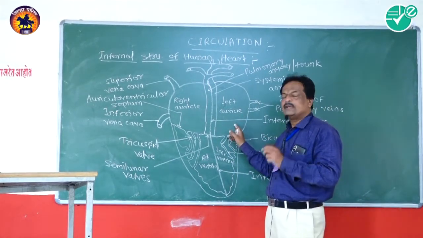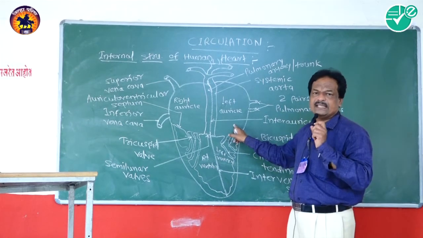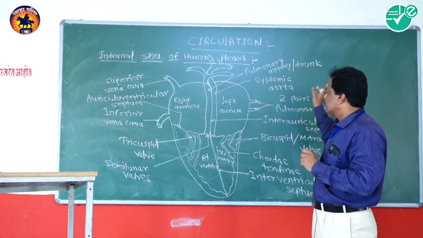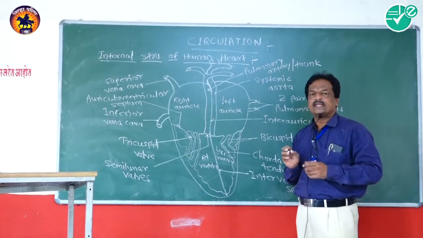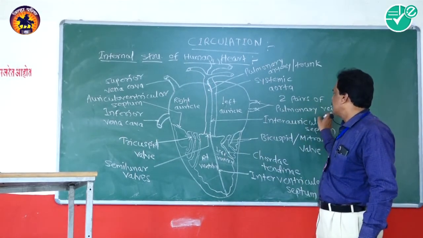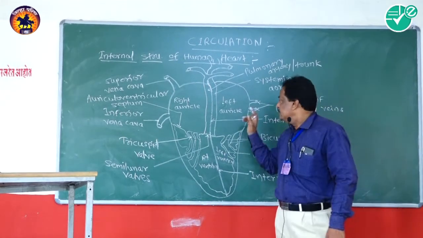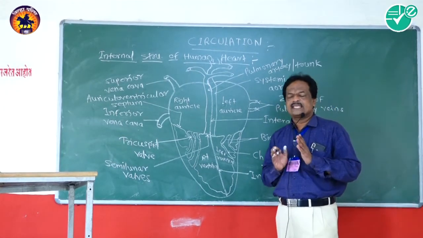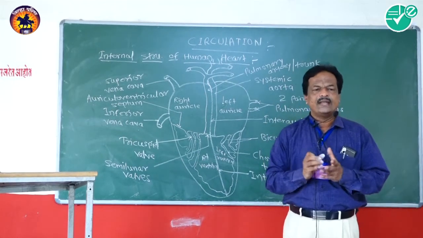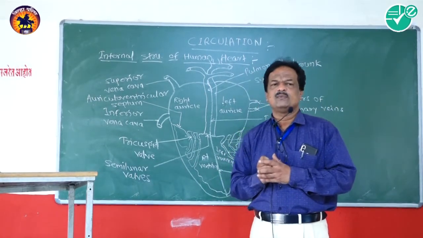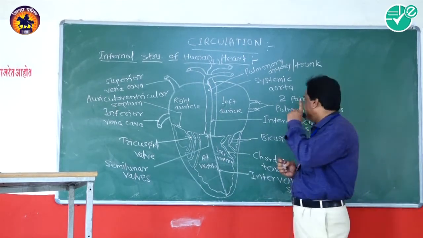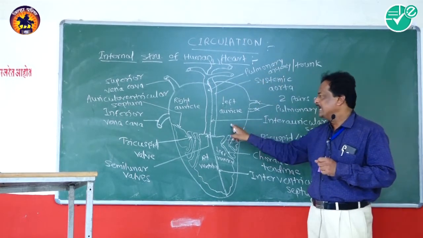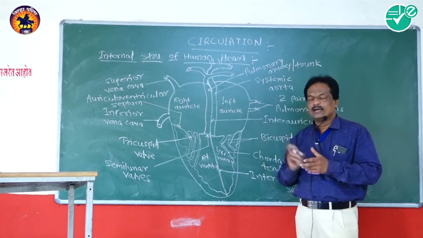At the same time, the left auricle receives the oxygenated or pure blood from the lobes of lungs with the help of two pairs of pulmonary veins. These two pairs of pulmonary veins are the only exceptional veins in the circulatory system of man, because they carry pure blood from the lungs to the left auricle of the heart.